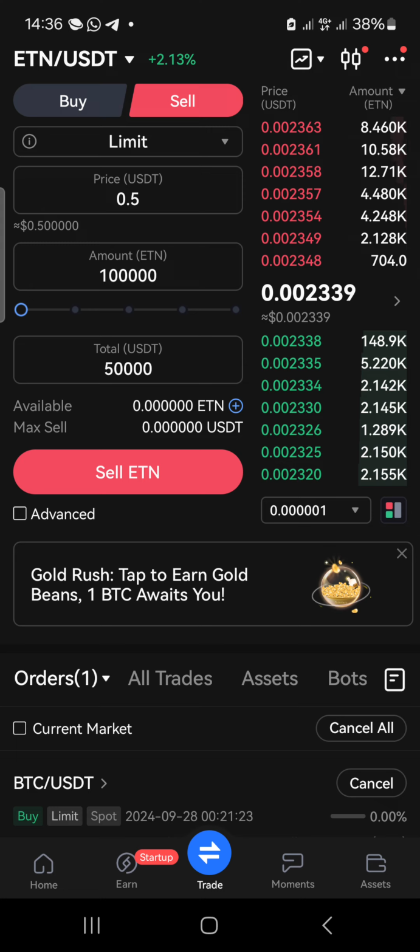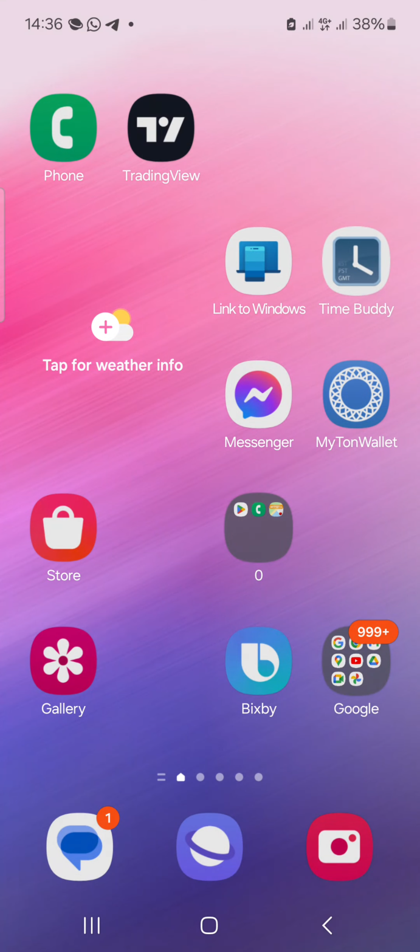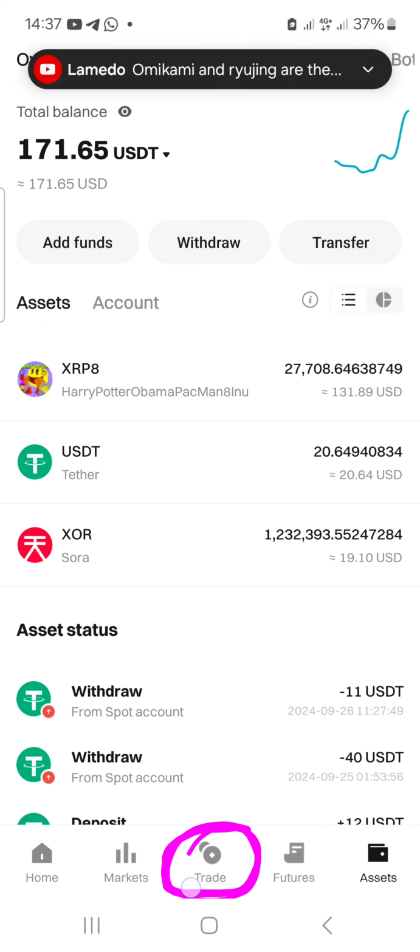The next one I'm going to show you is how to trade on Bitget. So let me open my Bitget account. All right, guys, so this is Bitget, and let me show you what trading on Bitget looks like. On Bitget, a centralized exchange, just as always, what you need to do to trade here is to click on trade.